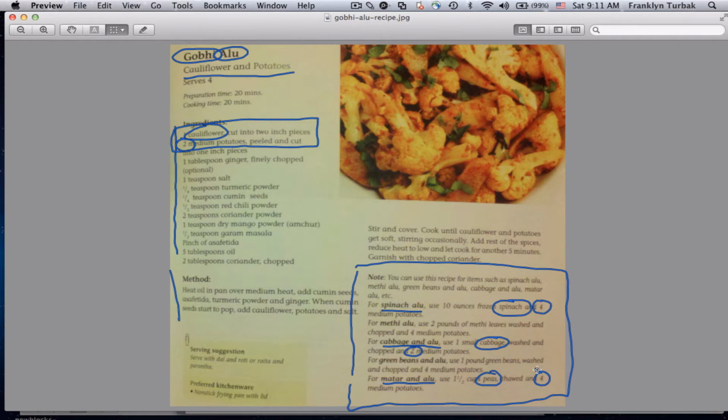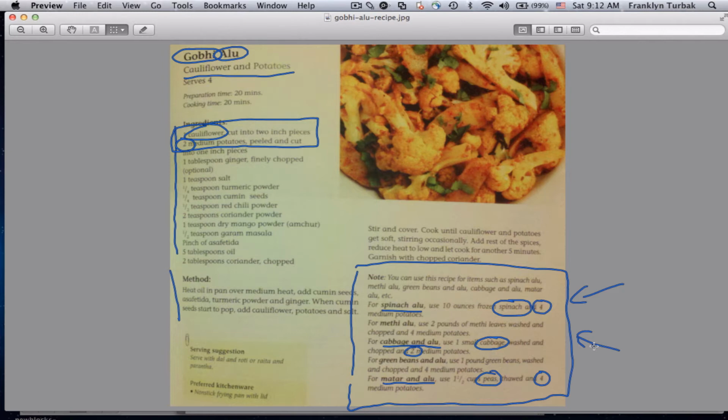Now the question is, why did the author and publisher decide to put in this area, rather than, say, making separate recipe pages for all of these? One reason, of course, is cost and efficiency. It would be a waste of paper when the only difference between these recipes is one ingredient and the number of potatoes.